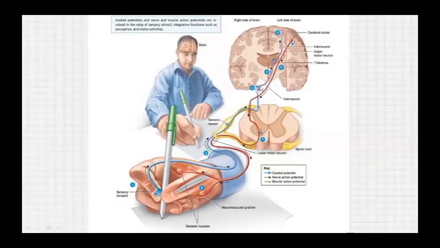However, before going to the brain, as it transfers to the interneuron from the sensory neuron, it undergoes graded potential, then goes back to nerve action potential.